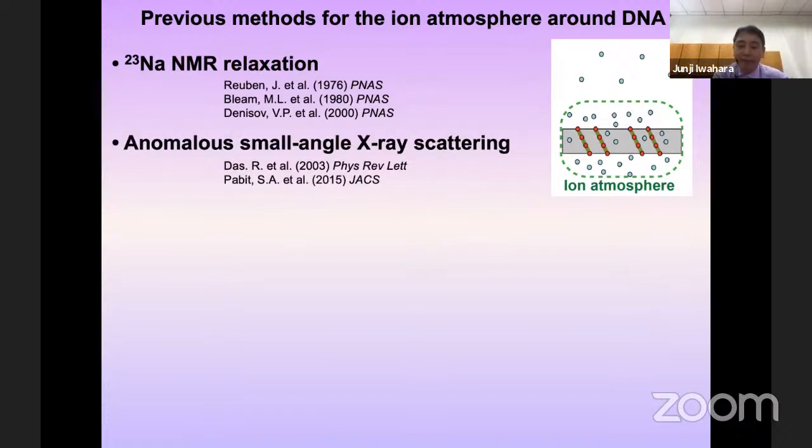And in the early 21st century, Lois Pollack's group used anomalous small-angle X-ray scattering to detect the physical presence of the ion atmosphere using heavy alkali metal ions like rubidium or cesium.